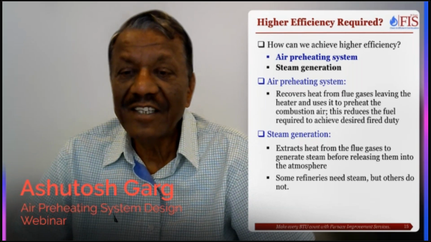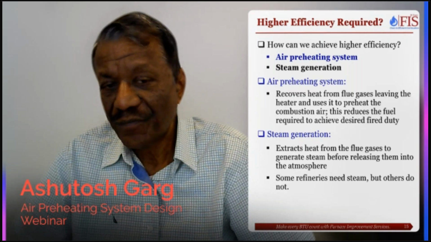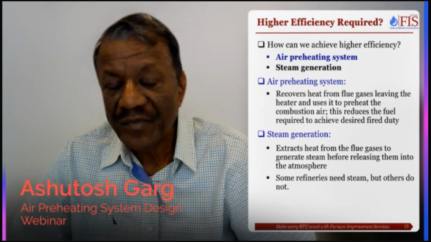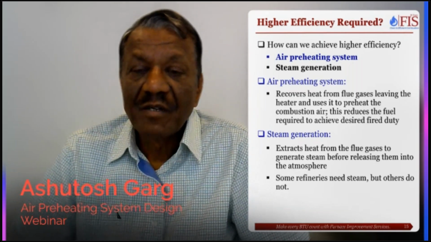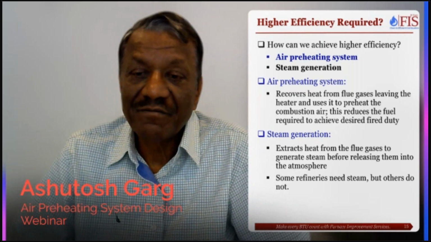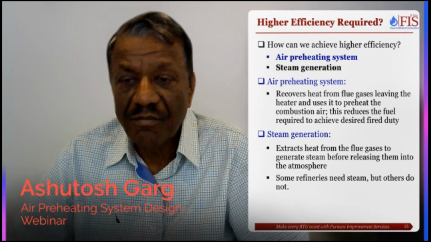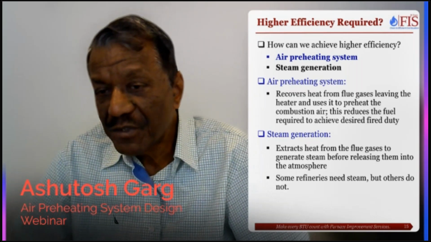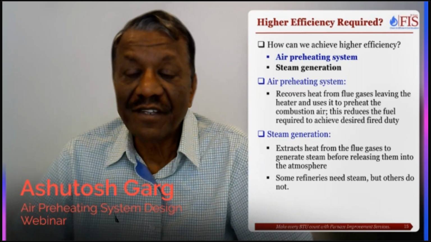You directly get the benefit of reduced fuel gas consumption. In steam generation systems, the fuel consumption remains the same, but you generate steam for free. You are getting steam production, and you're not paying for it in fuel consumption. You're not firing any extra fuel. So that is the difference.